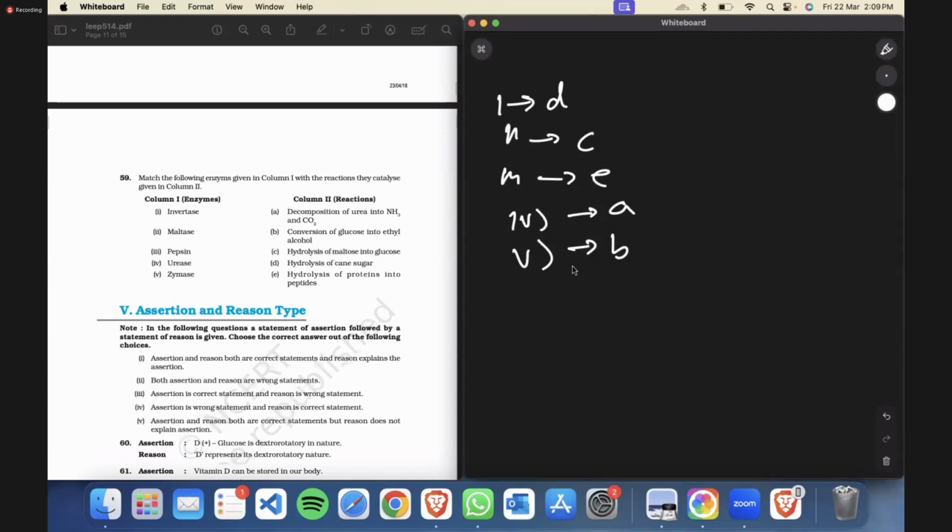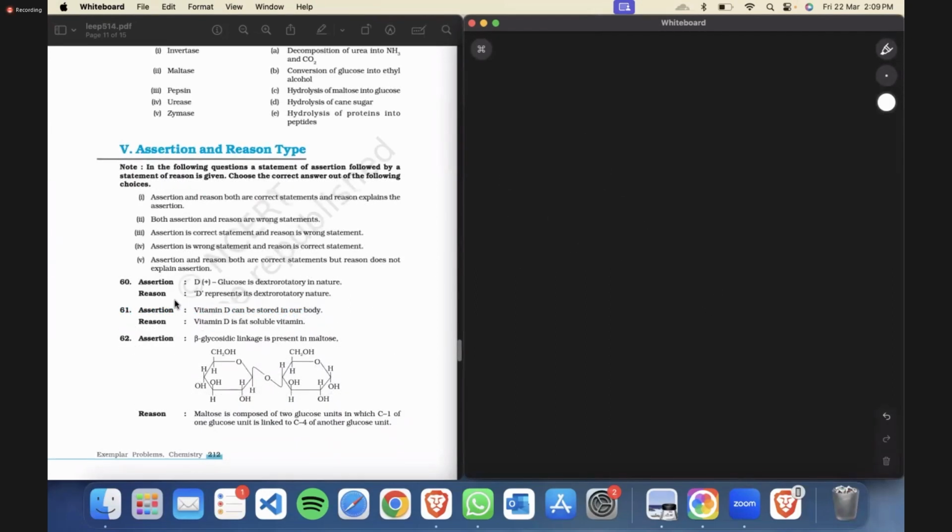Now assertion and reasoning type of question. Question number 60. Assertion: D plus glucose is dextrorotatory in nature. D represents its dextrorotatory nature. Reason: D corresponds to the position of OH group.